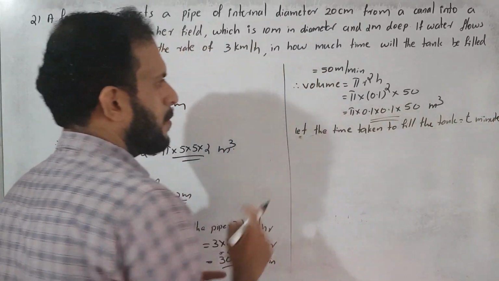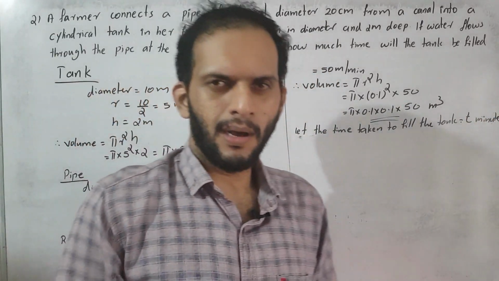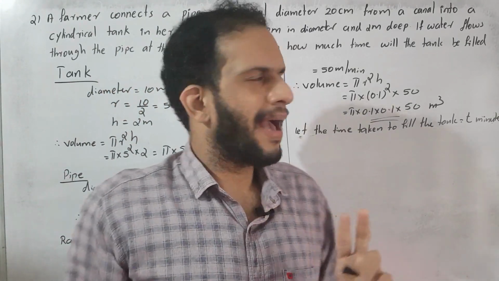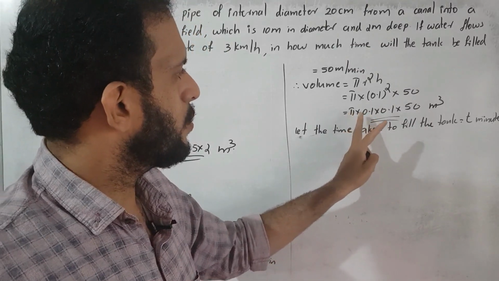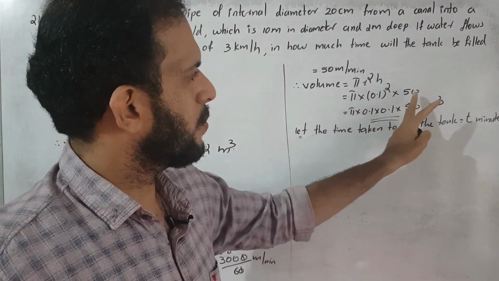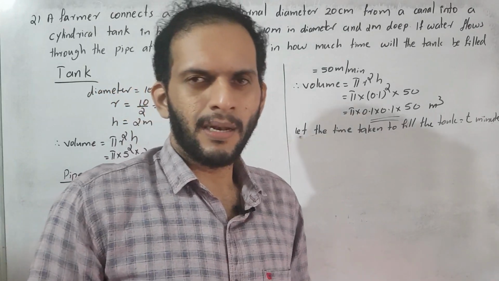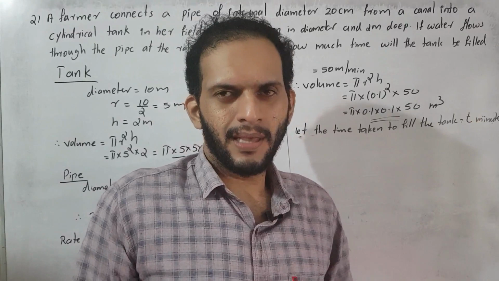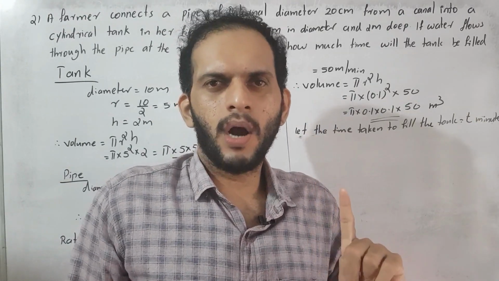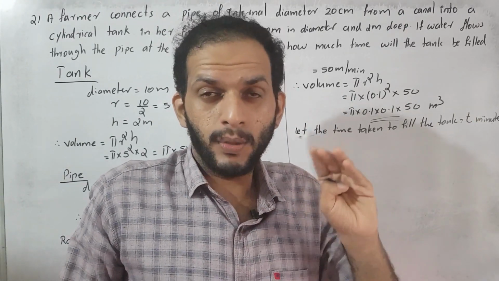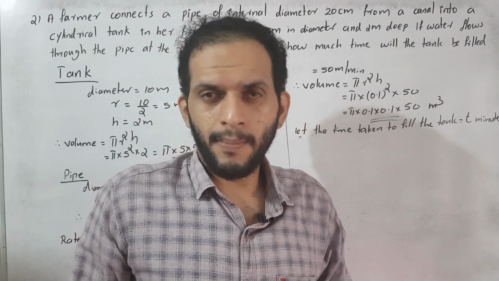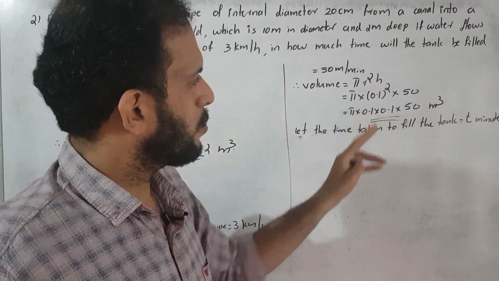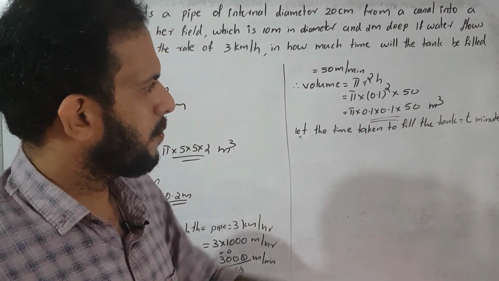Then per minute how much water will come into the tank? Per minute the water that comes into the tank is equal to, yes, pi into 0.1 square into 50. Then the time taken to fill the tank is t. Then in t minute how much water will flow through the pipe? Yes, that is equal to t into pi into 0.1 square into 50.